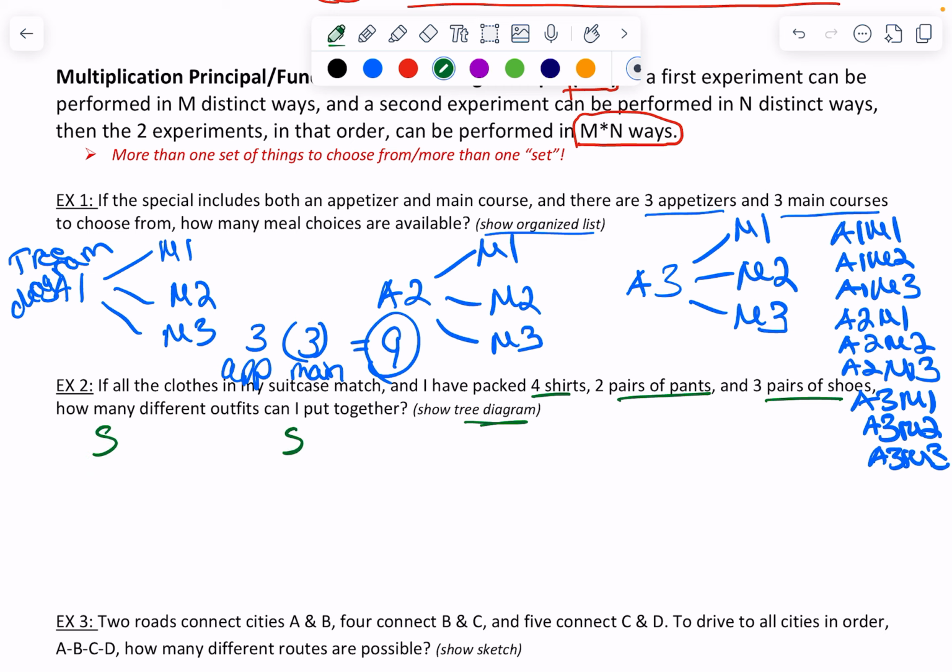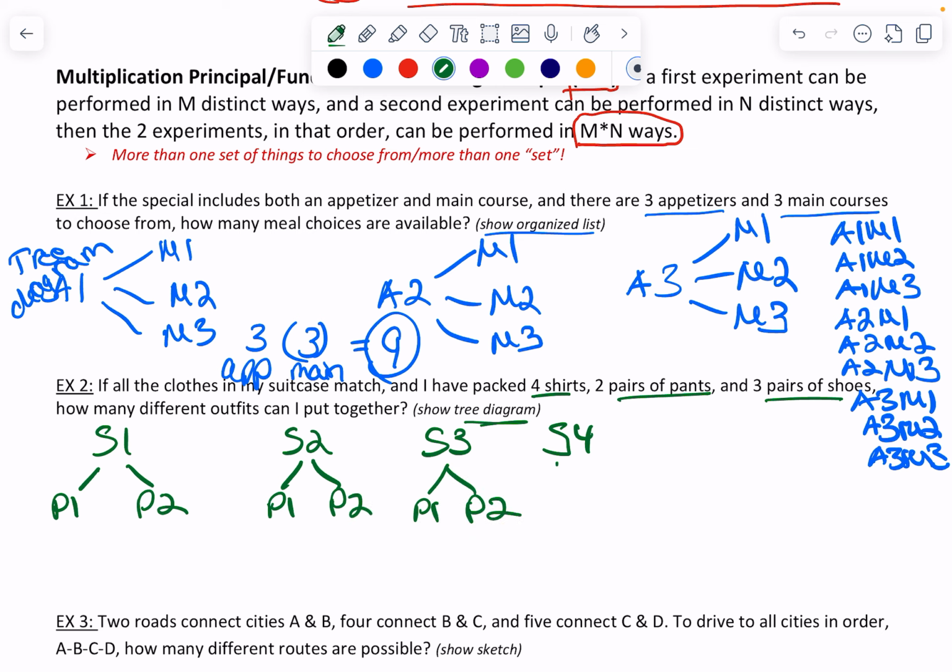We have 4 shirts, shirt 1, shirt 2, 3, and 4, and 2 pairs of pants. Each shirt can match with pant 1 or pant 2. Now 3 pairs of shoes. Each of these sets can match with all 3 pairs of shoes.